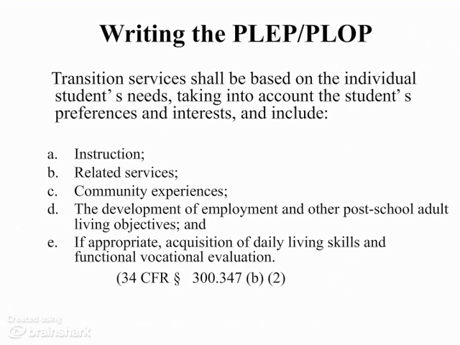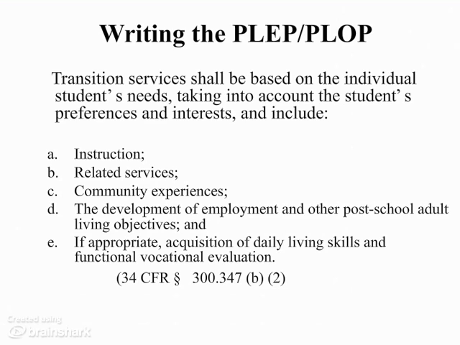More people are probably familiar with the present level of performance in an IEP. In a transition plan, that present level of performance also needs to take on things like instruction as it relates to transition, related services, whether that's community-based, or things like speech and language within the building. Community experiences: is the student volunteering?